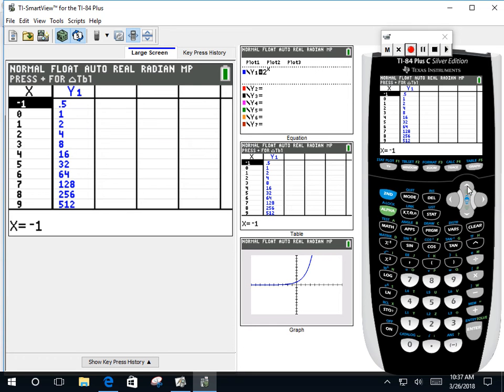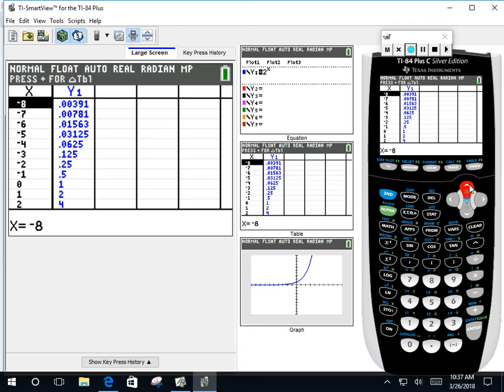Okay, now on the left side, when we start going to the negatives, look at those y values. 0.5, 0.25, 0.125, 0.0625. What's going on? What are they all getting closer to? 0. Okay, so we're going to now plot some of these points that we can on the graph that was given to us.